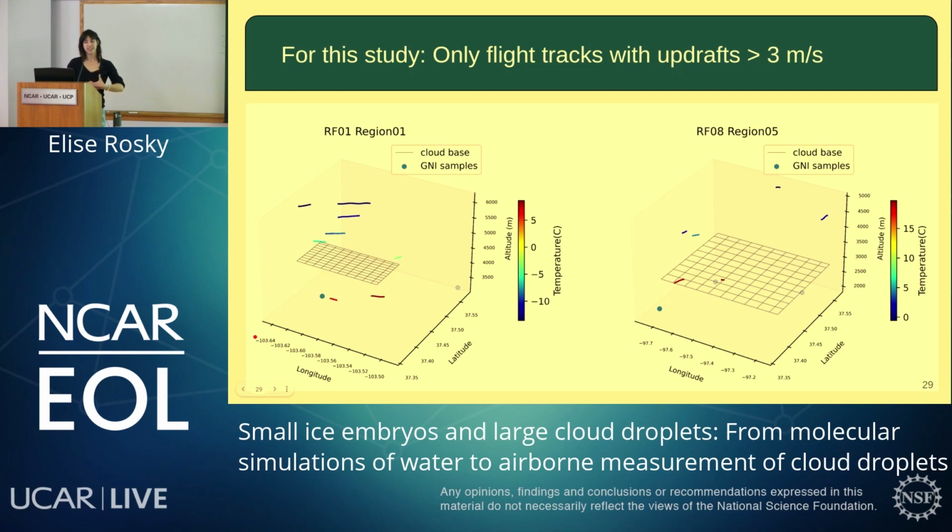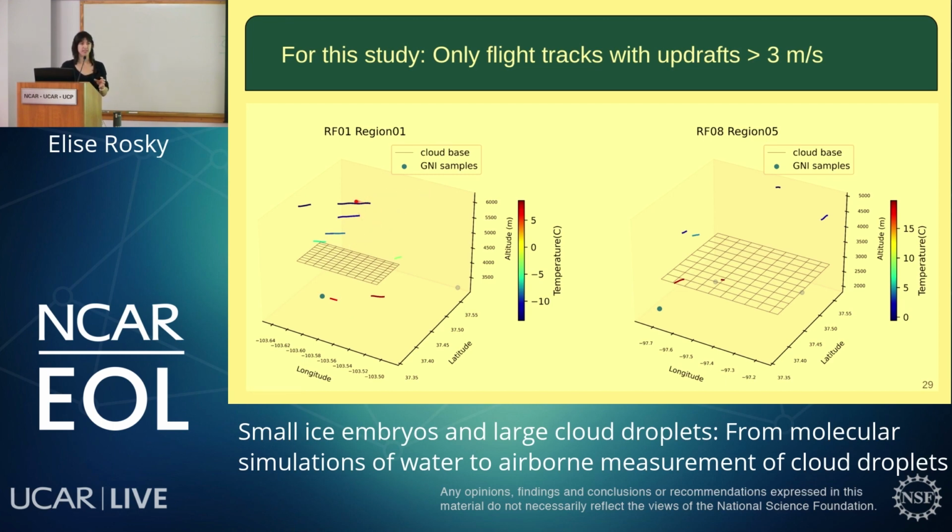So for this study, I selected only flight tracks where we were passing through an updraft larger than 3 meters per second. And these are 2 examples from 2 of those regions that I showed, where the mesh line shows the cloud base height, and these lines show flight track segments that were in updraft.